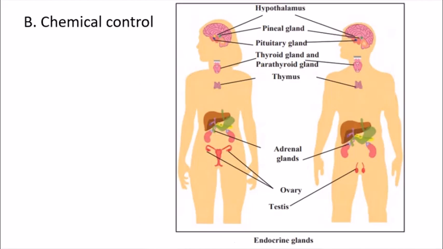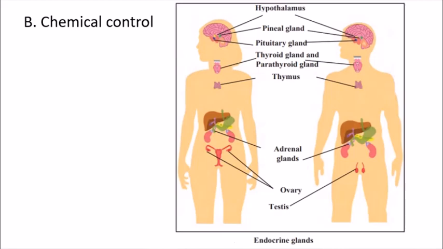And that is the reason the hormones are produced and directly released into the blood circulation. And these endocrine glands are present at specific locations in the body, but their secretion reaches each part of the body because it is secreted directly into the blood.